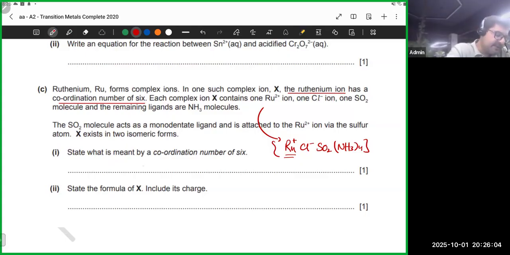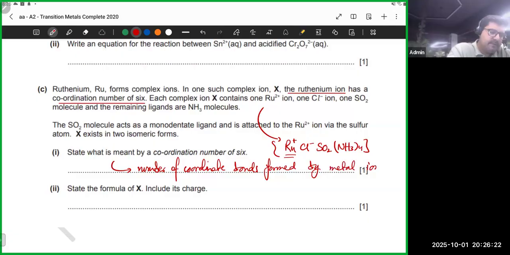What is the meaning of the coordination number? It's the number of coordinate bonds formed by the metal ion. And state the formula of X, including its charge. It's not going to have any charge. Is this clear?